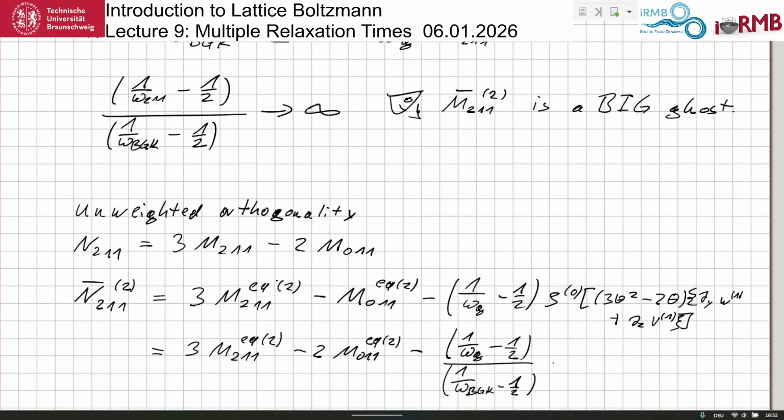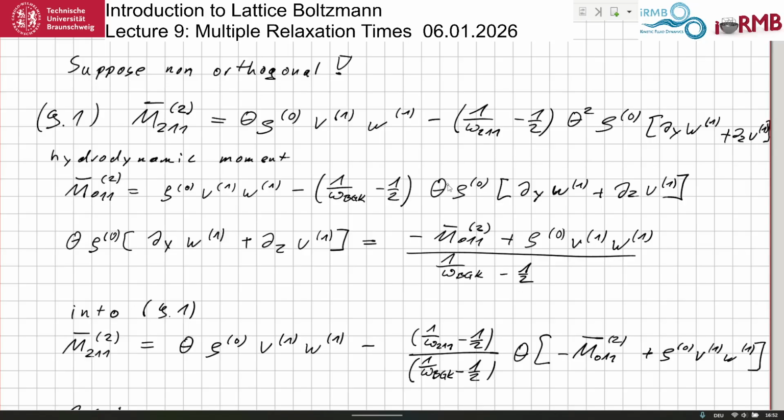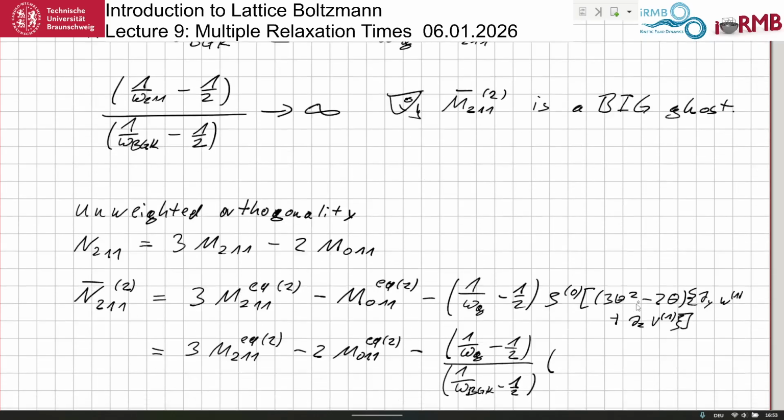So it is okay. What disappears, disappears together. So one theta here is disappearing. Here is theta square minus 2 theta. So we'll have only 3 theta minus 2 left, and here we have M011 to second order minus rho 0 V1W1.